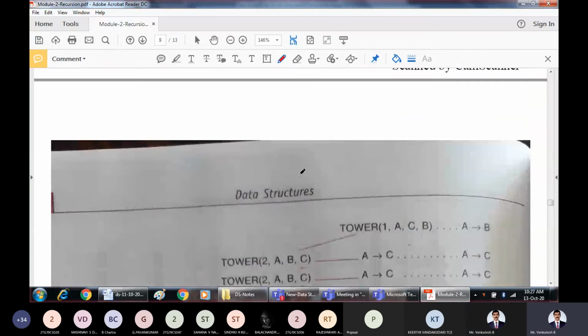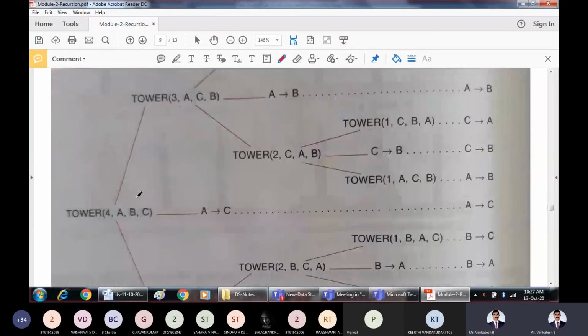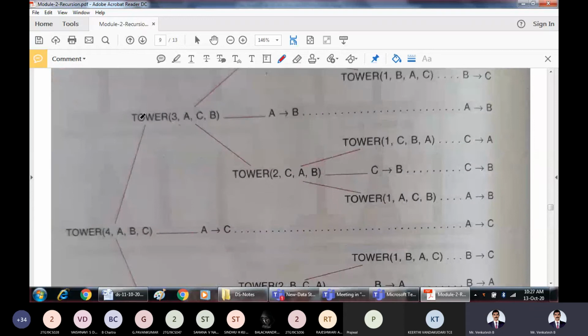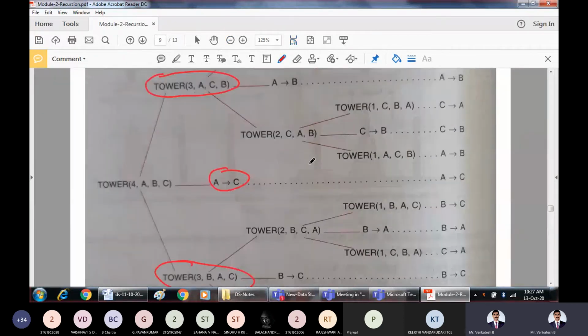You should remember that. This tower of 4 has been divided into 3 subroutines, one subroutine, another subroutine, and another subroutine. It has been divided into 3 subcalls.